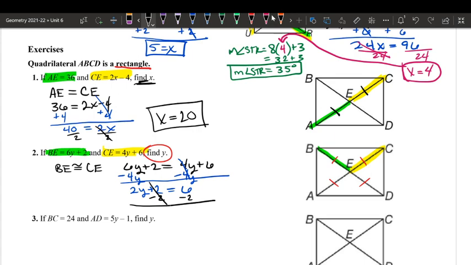And I get, bring it up here, 2y equals 4. And the last step, I divide it by 2. So y equals 2. All right, so that is specific to rectangles problem. All of the bisected pieces are congruent in a rectangle.